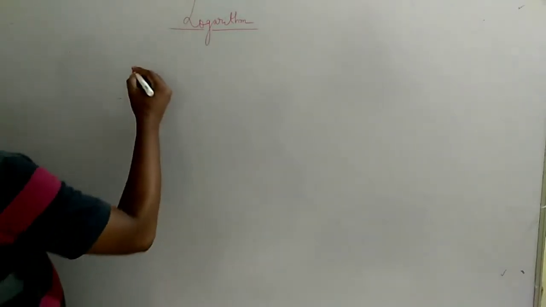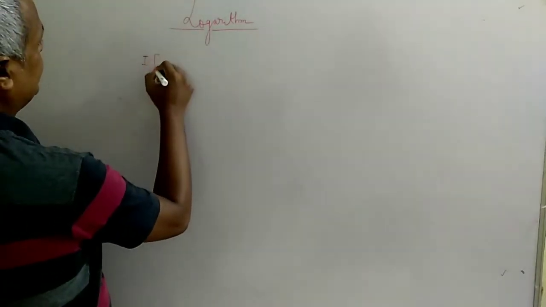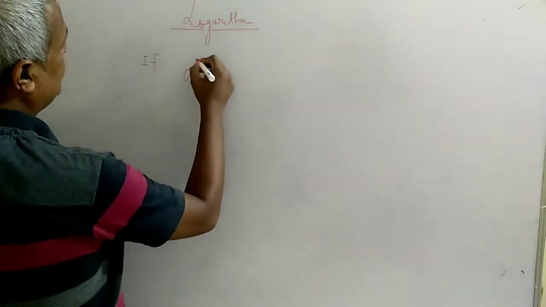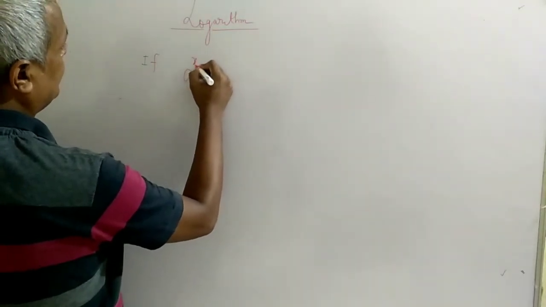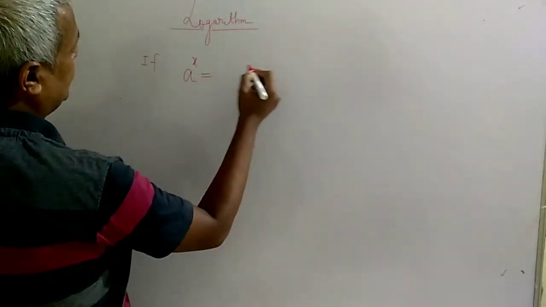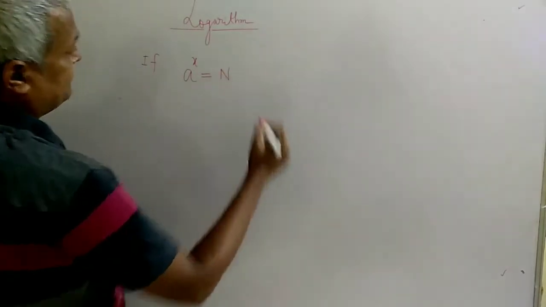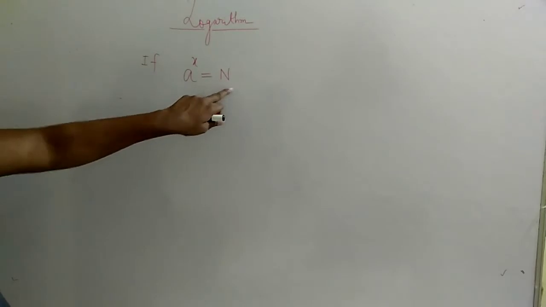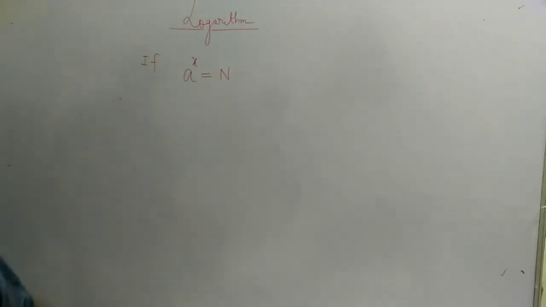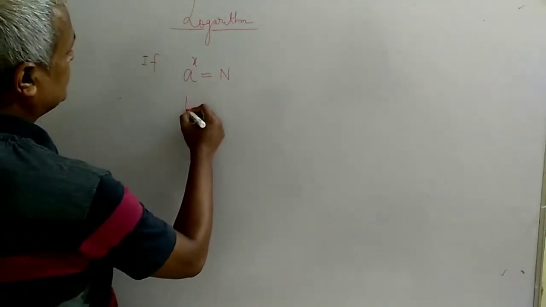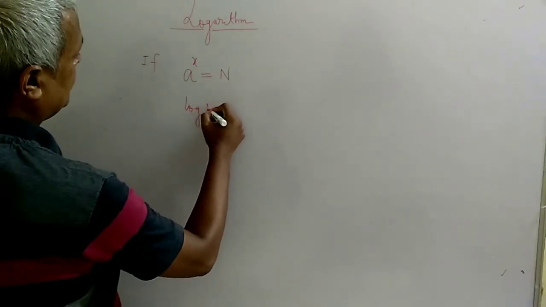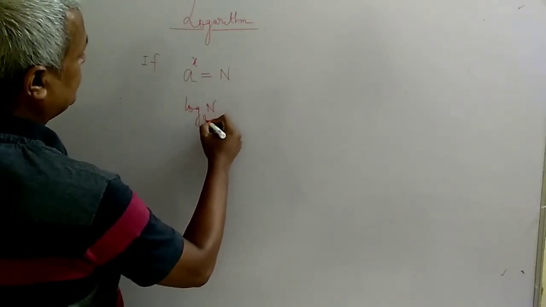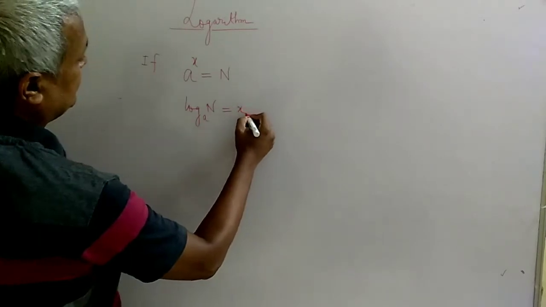So now we are defining our logarithm. The logarithm says that if a to the power x equals n, so if a is multiplied x times and you get n, then log n to the base a is x.